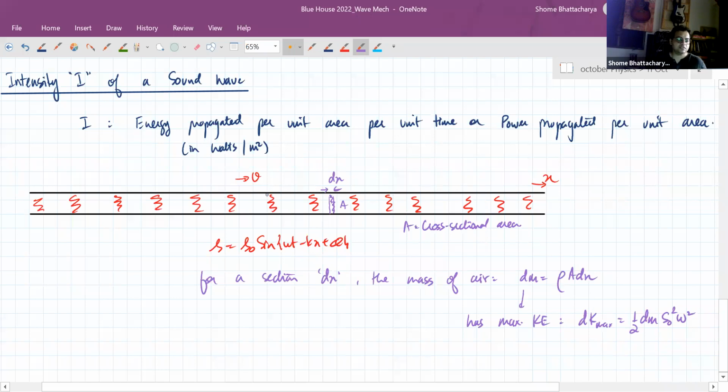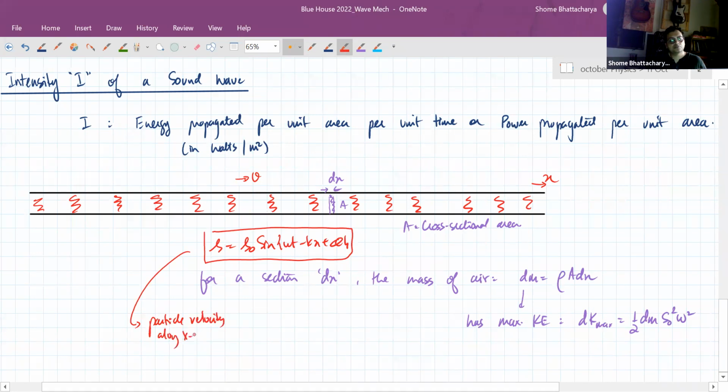So how do we understand this again? Because you can see that this is the displacement of the medium particles along the x-axis. So particle velocity: this time the particle velocity is also along the x-axis. The particles are oscillating along the x-axis. So that is given by del s by del t.